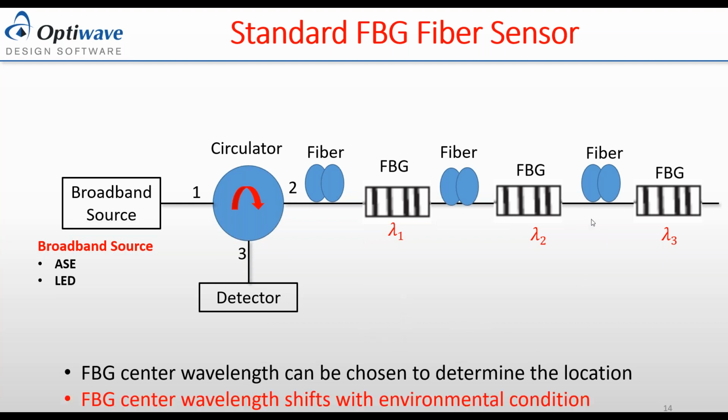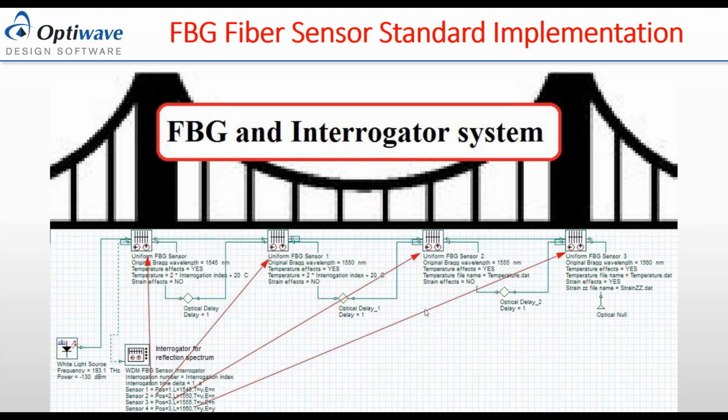Now, the center wavelength, as we showed earlier, the Bragg wavelength, is affected by the environmental condition at the location where it's placed. So if temperature, stress, or strain changes, then this center wavelength is going to drift and provide sensing capabilities for the grating.